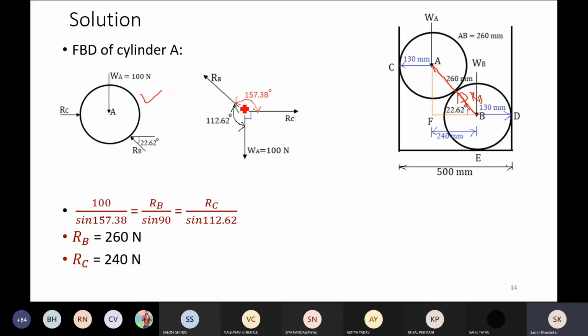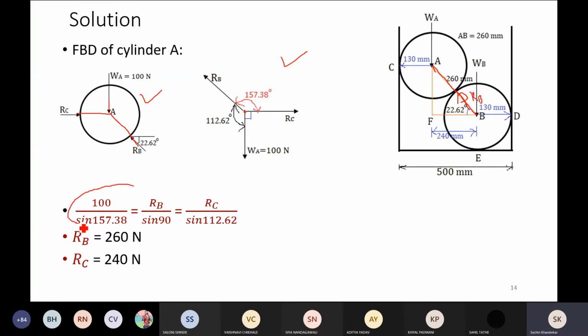Then what I did here, I have drawn all these three forces acting away from the point of concurrence. So all these three forces are meeting at point A, something like this, and then I have drawn this particular figure.